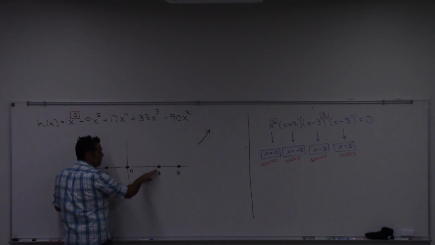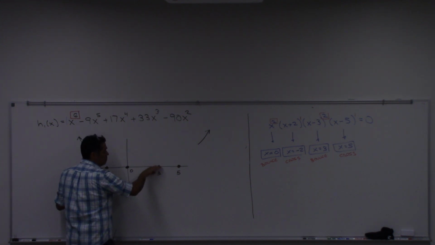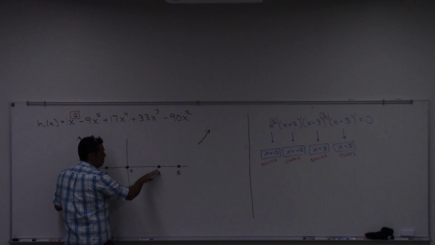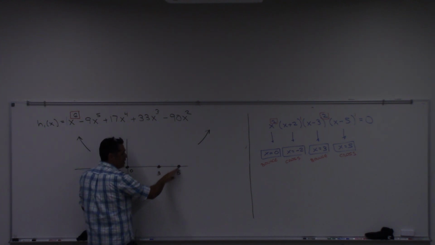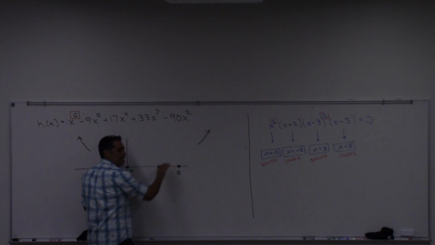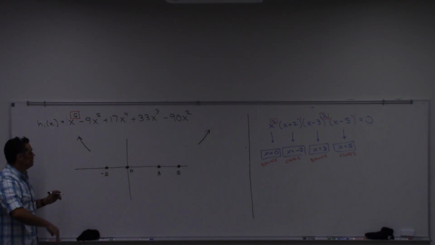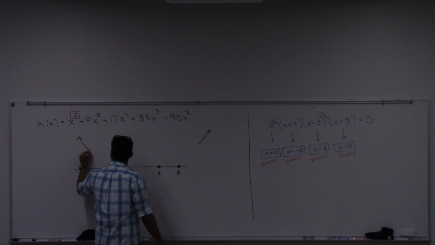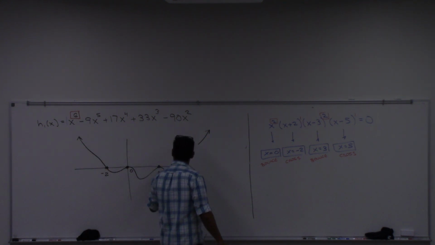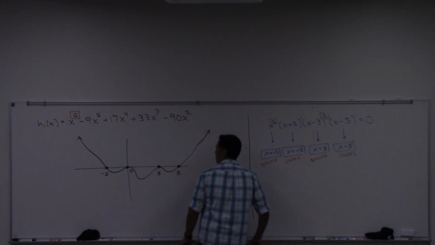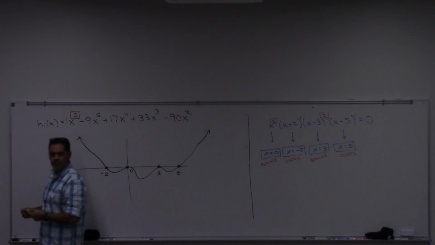When I get to 3, what am I doing at 3? Bouncing. And then when I go down, come back up. When I go to 5, I cross through and it'll connect, right? It should all connect together. So here we go. Cross, bounce, bounce, cross. There it is.